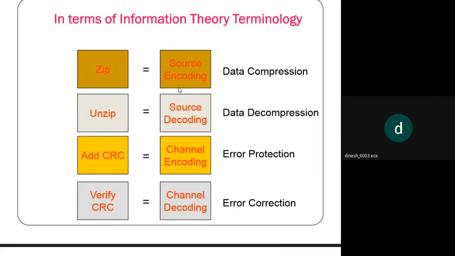As I said earlier in the class, this information theory will lie as a fundamental for security in terms of network security. That protection is provided by the cyclic redundancy check, or CRC. And if any error occurs, that error has to be rectified. For that, we need to verify CRC, which is the function of channel decoding.